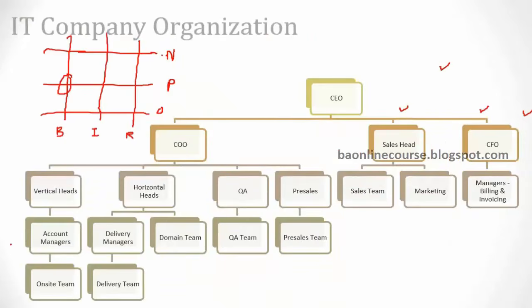So that's the responsibility of the account teams. And the horizontal team is the delivery expertise. They are experts in a particular technology, so they're going to solutionize and then finally deliver the application.